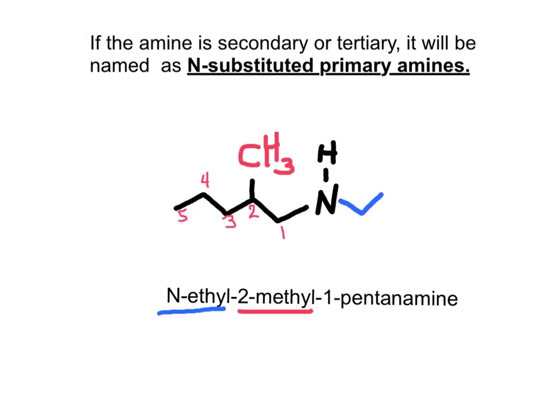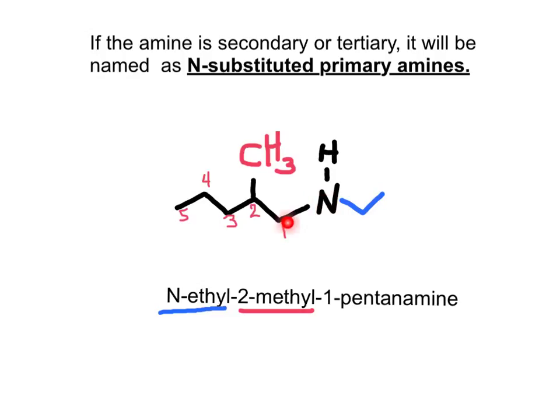In this second example, we now need to select which one is the longest hydrocarbon chain. This hydrocarbon chain is 1, 2, 3, 4, 5 carbons long. If it is an alkane, that will be the molecule of pentane, but pentane is attached to a nitrogen, so it's going to be called 1-pentanamine.